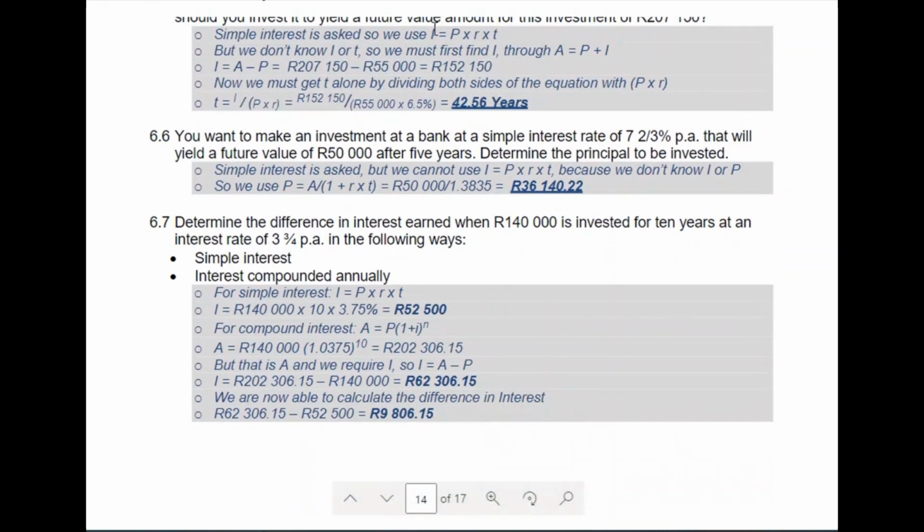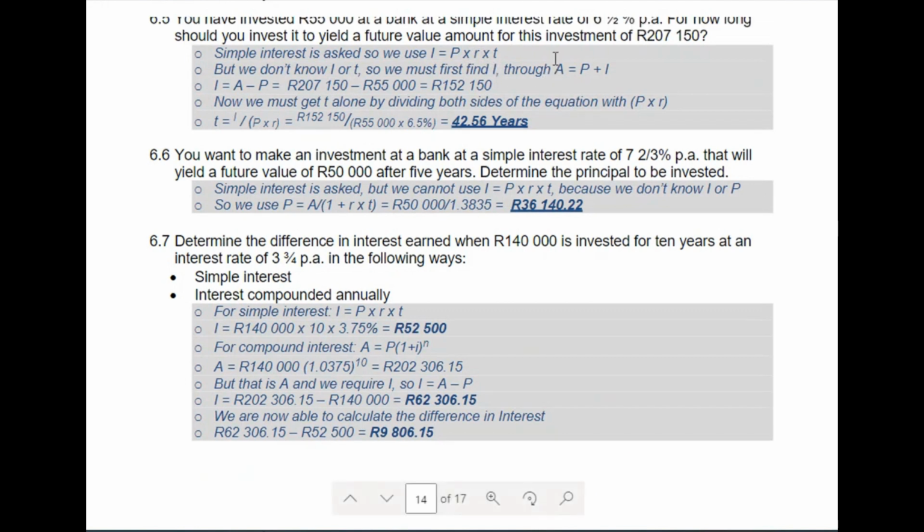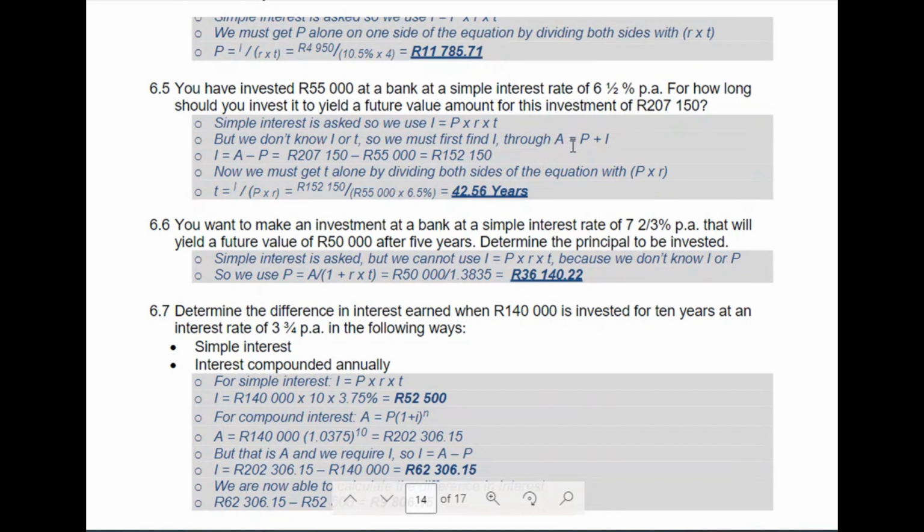So you start by writing down the simple interest formula again. But we don't know I or T, so we must first find the interest. And we do that, as I said to you, by subtracting the principal from the future amount that we were given, and then we now have the interest.